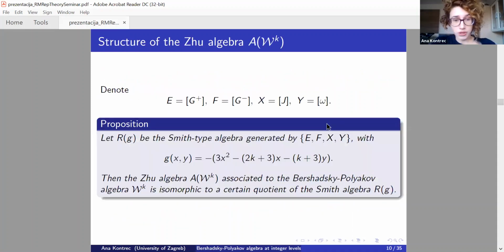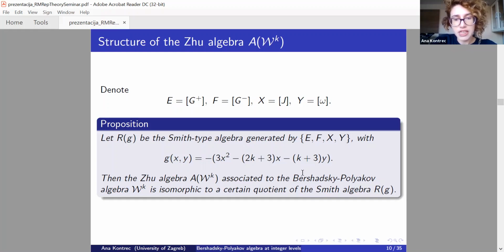Okay, and what happens is that for a special choice of the polynomial g, it turns out that the W algebra associated to the Bershadsky-Polyakov vertex algebra is isomorphic to a certain quotient of the Smith algebra Rg.